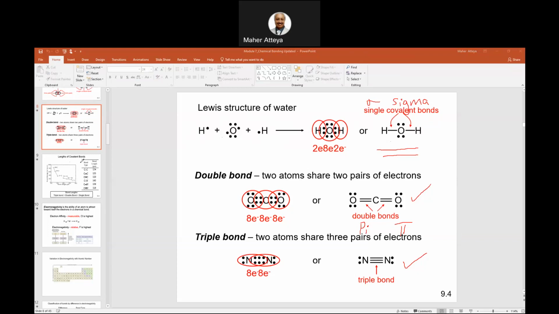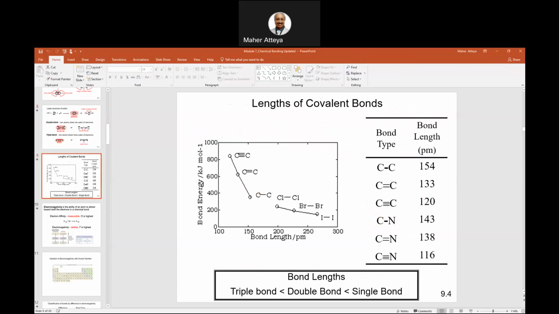So let's look at something else here. Let's look at the length. Now, what do you think here? I just want you to think about a bond. A longer bond, the single bond is too long, correct? Like this. Carbons here and carbons here, or whatever the compound, non-metals here, non-metals here.